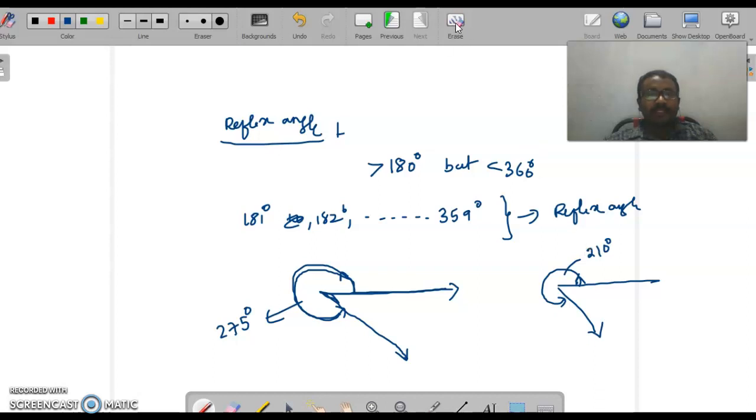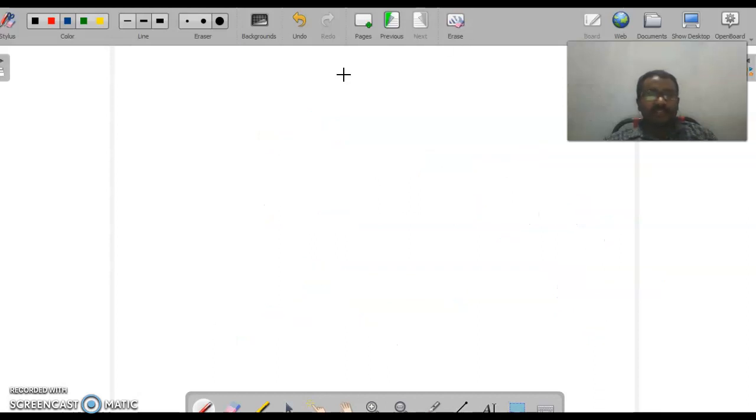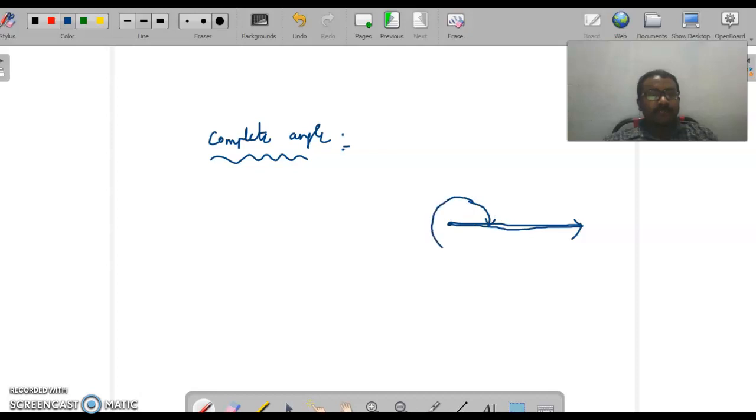Now we'll move on to the next, that is the last concept, the complete angle. So what is the meaning of complete angle? By the name itself we can identify what is a complete angle. For example, when two rays have one common part, already we have discussed in the earlier class. Now one ray I rotated, I started from here and rotated again, and it comes to the same position.